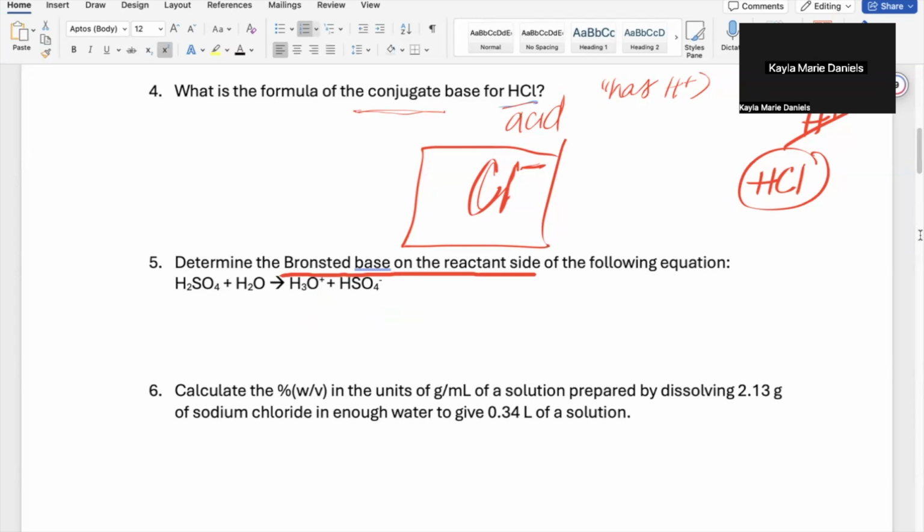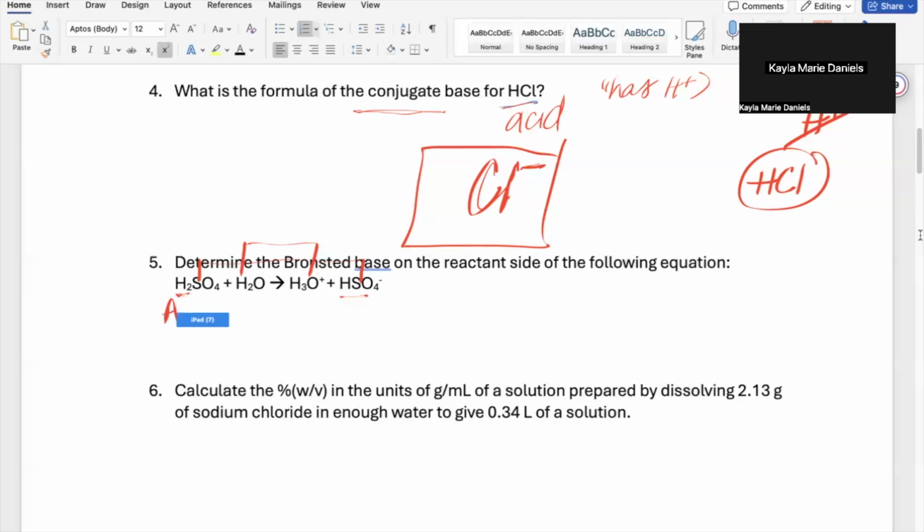So let's match them up with their partners. It looks like H2SO4 looks pretty similar to, let's erase this line, HSO4 minus, and H2O seems to resemble H3O plus. So here it lost a hydrogen.